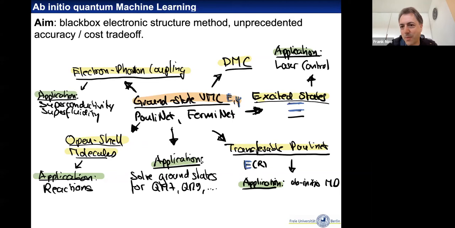What people have mostly done is, of course, molecules and materials, and whenever you introduce something non-standard into the Hamiltonian, then it's hard to take some numerical solution out of the box.